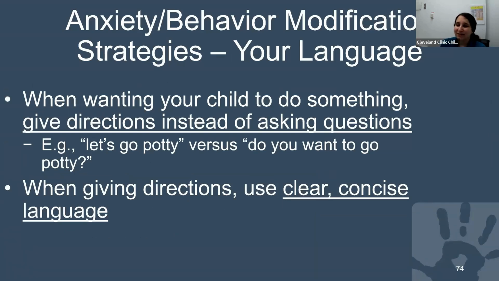So instead, if you have a goal that you're trying to achieve, aka getting your kid to go potty because you're about to go in the car, instead of asking questions, give directions. Say, hey, let's go potty. And for kiddos who maybe have difficulty with their attention or their communication skills, using more clear, concise language can be helpful. That way they know and understand what the expectation is.